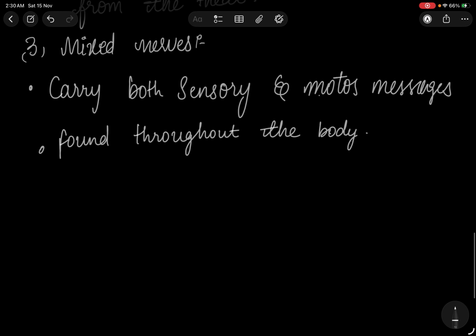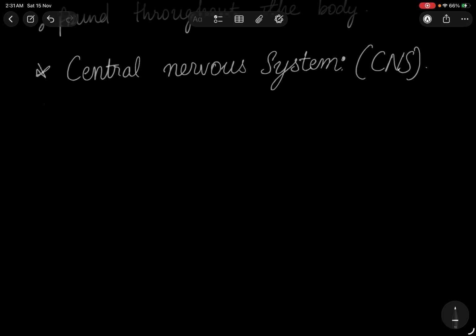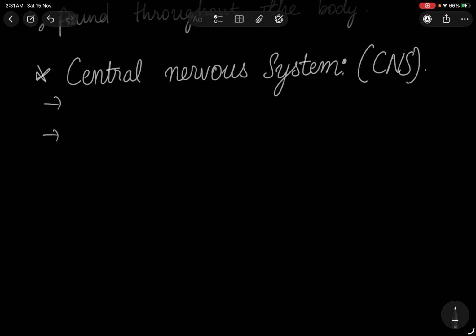Next important thing we need to discuss is about the central nervous system. In short form, CNS, central nervous system. So the central nervous system consists of two parts, that is brain and spinal cord.